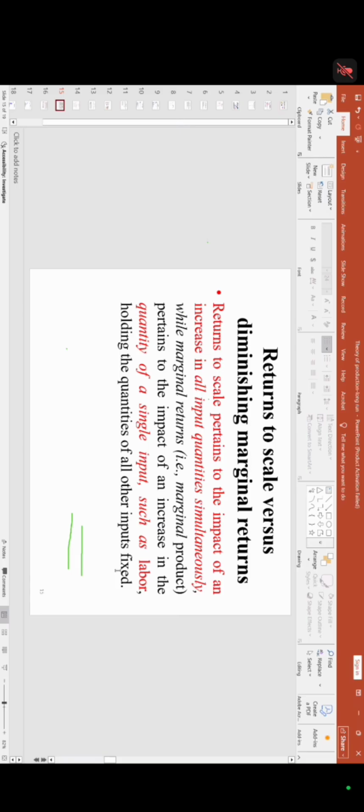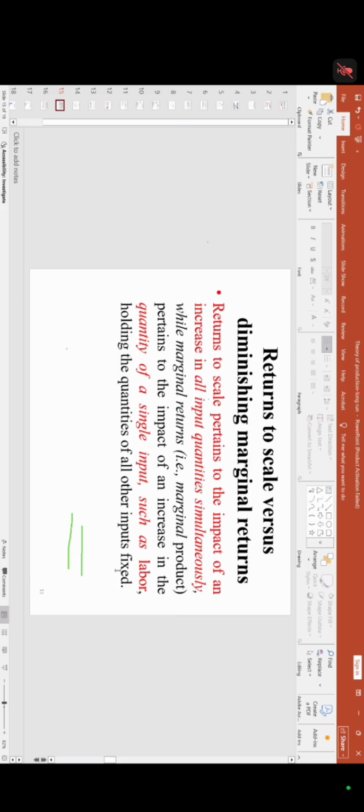But in marginal return, they just need to identify how much impact there is on your quantity from your single input. They just consider one particular variable there, assuming that all the other inputs are fixed.